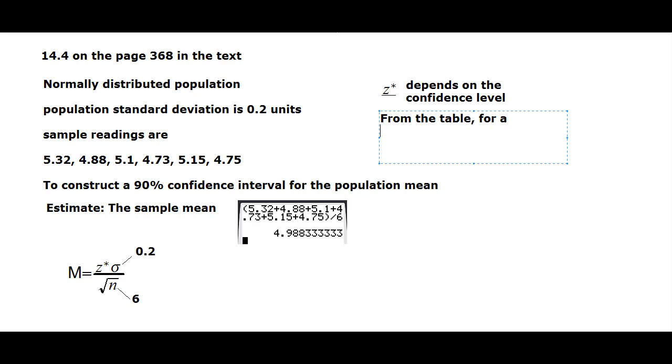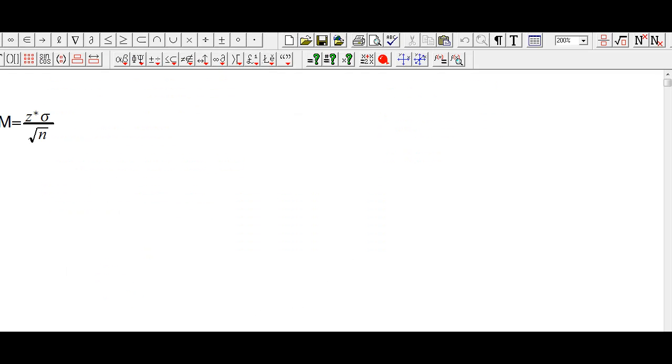For 90% confidence, Z star is 1.645. Okay, everybody clear?